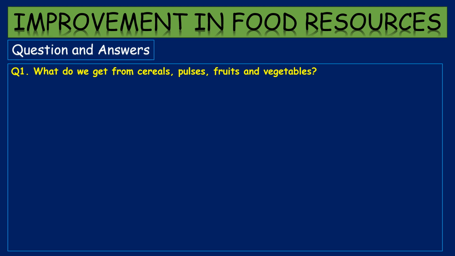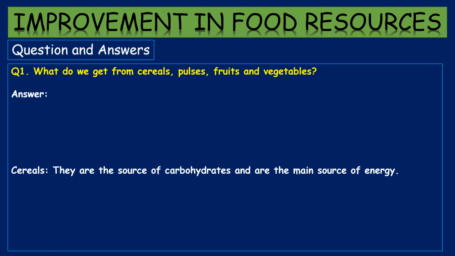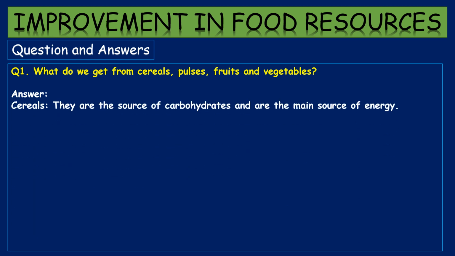Dear children, here you have four different kinds of food resources: cereals, pulses, fruits and vegetables. And what we get from each of these resources? I'll say the answer. From cereals, they are the source of carbohydrates and are the main source of energy.